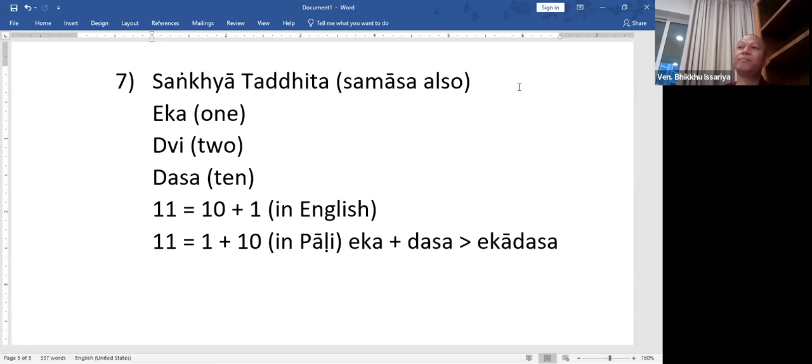Simple sentence in Pali: verb first, and then noun, and then the adjective? No. In Pali, the structure of the sentence is not fixed. Sometimes the verb is at the beginning, sometimes the subject, based on the focus point of the speaker.